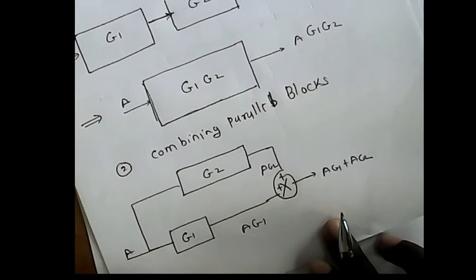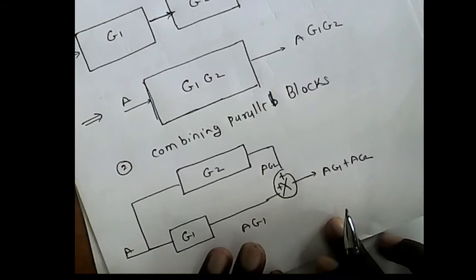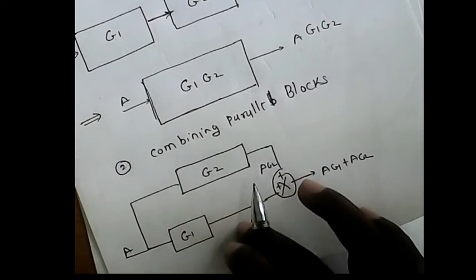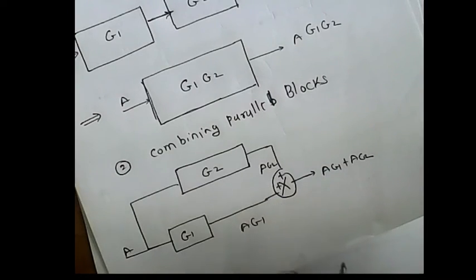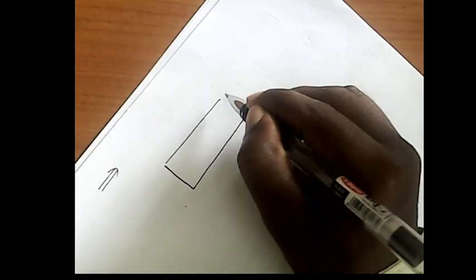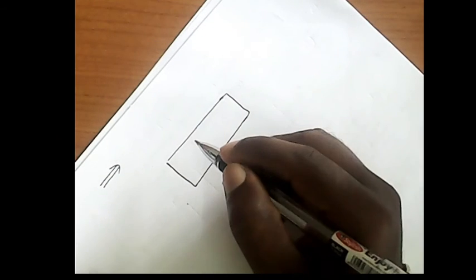So these blocks can be represented by combining the parallel blocks. When two blocks are in parallel, we can represent them as a single block.